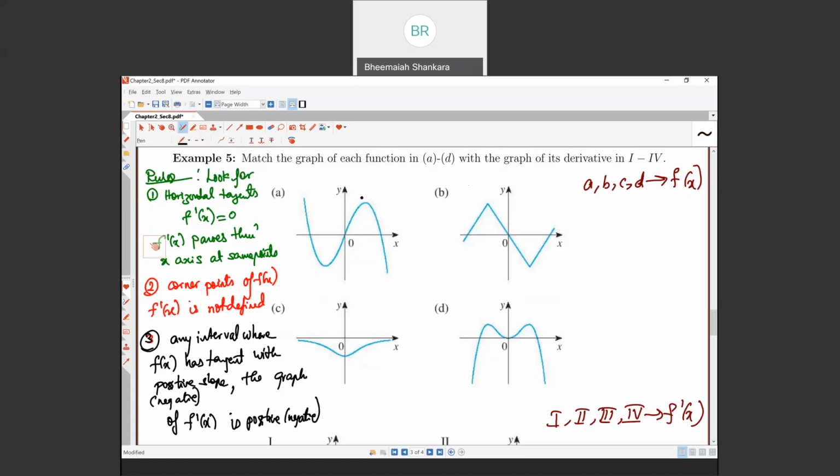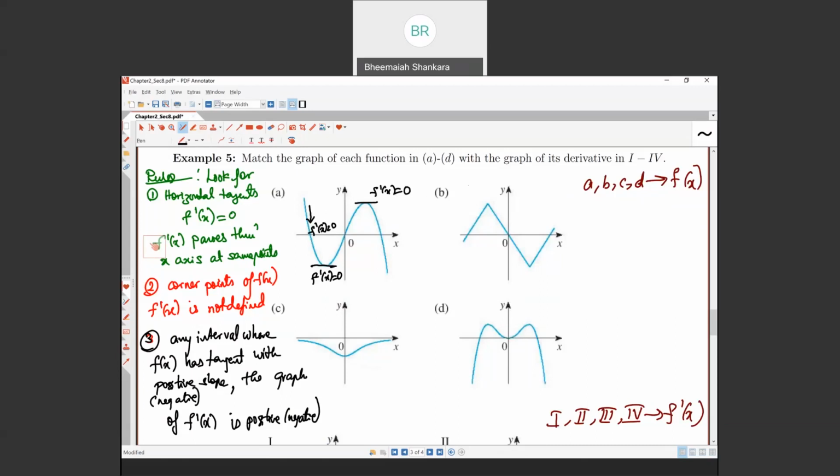Let's do the horizontal tangent first. You have two horizontal tangents here. You can say f prime is 0 here, the slope is 0. You are able to draw a horizontal line. F prime is 0. And in this part of the curve, you see that you have a negative slope. This is an f of x graph, so you see that it's decreasing. So you can say f prime x is less than 0.